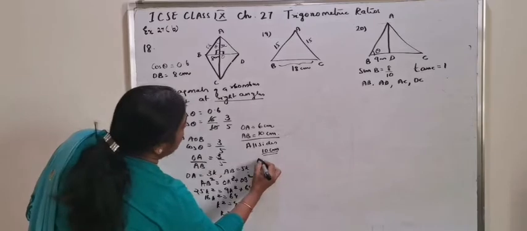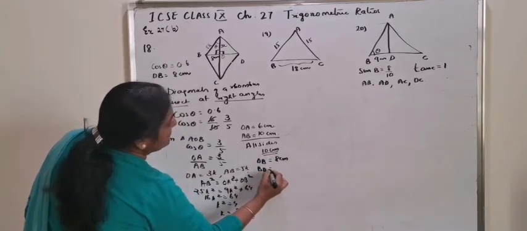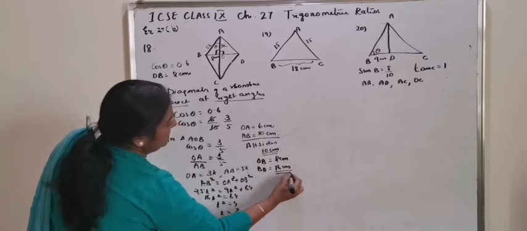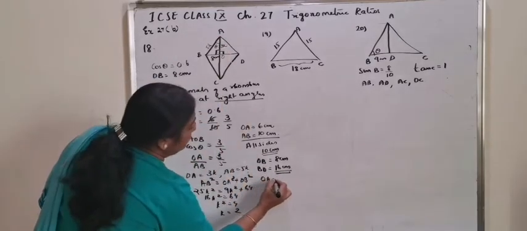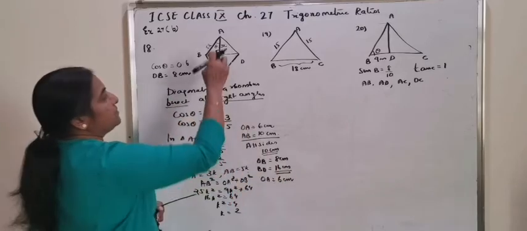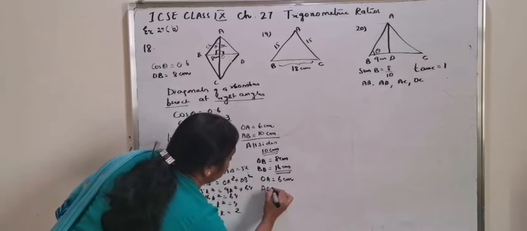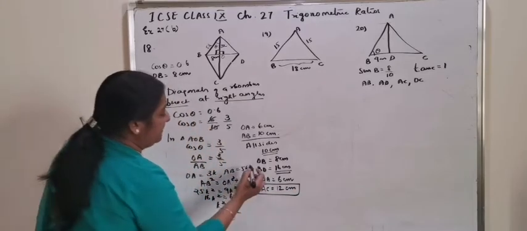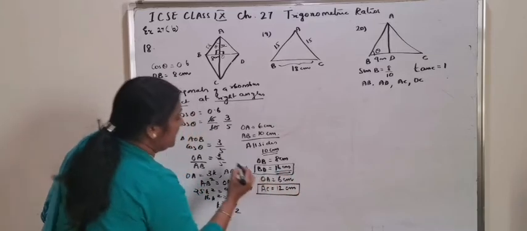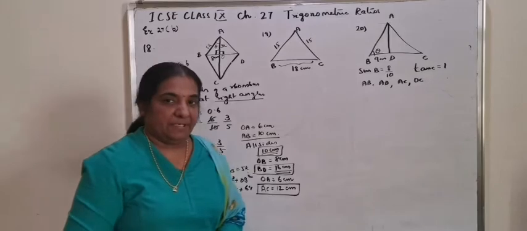So since OB is equal to 8 centimeter, BD is equal to 16 centimeter, then OA is equal to 6 centimeter by substituting the value of K as 2. Immediately AC is equal to 12 centimeter. So the diagonal AC is 12, diagonal BD is 16, and all sides will measure 10 centimeter.